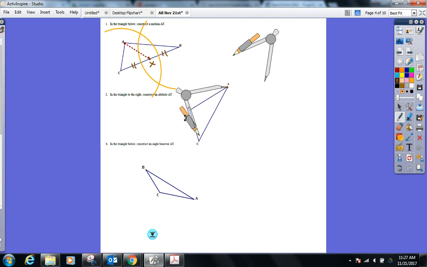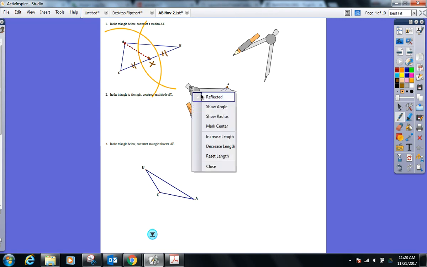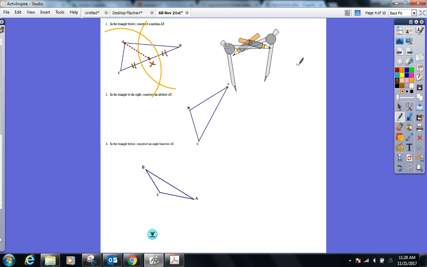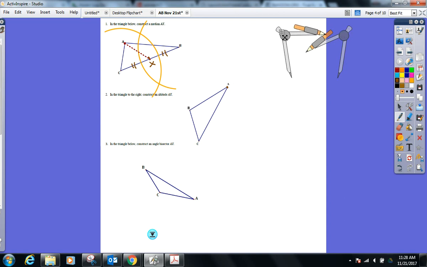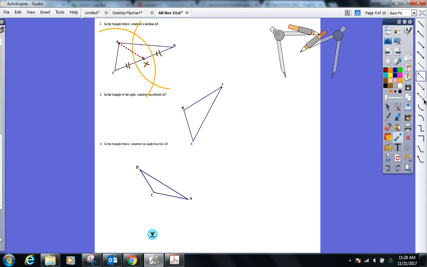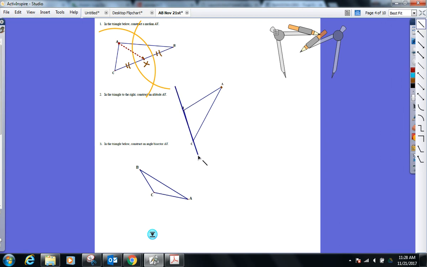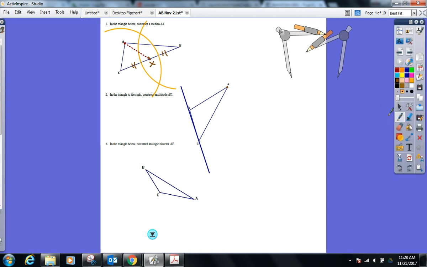So what do you guys suggest we should do? Extend BC. Yeah, I can't get it to intersect twice. Let me know if you can. All right, so let's take our straight edge and yep, let's extend BC in one direction, or both directions, it's totally your call. And let's see now if we can get it to intersect in two spots.